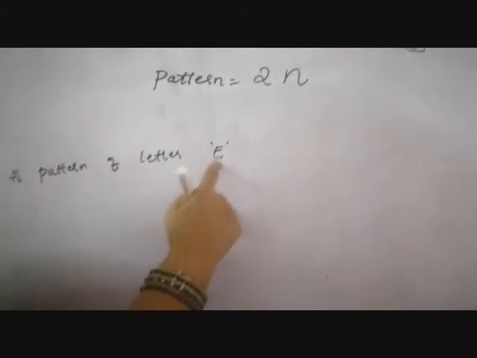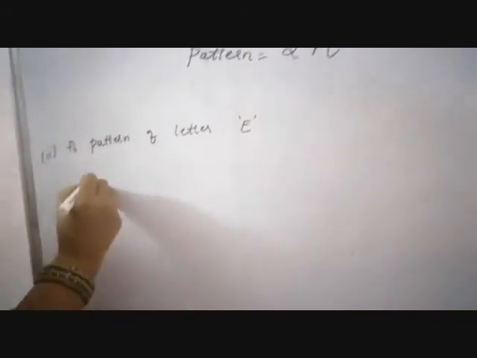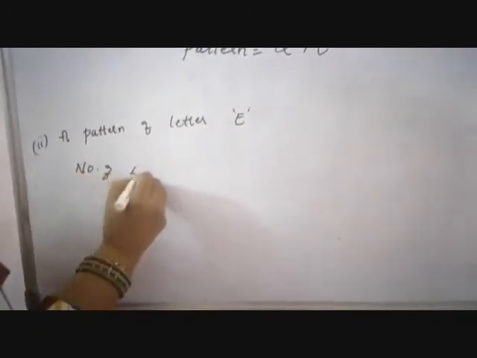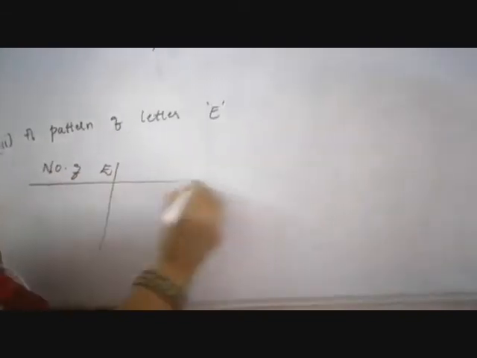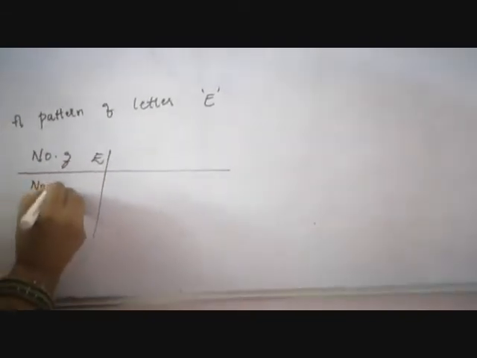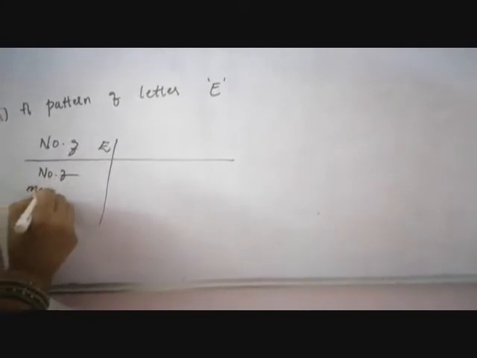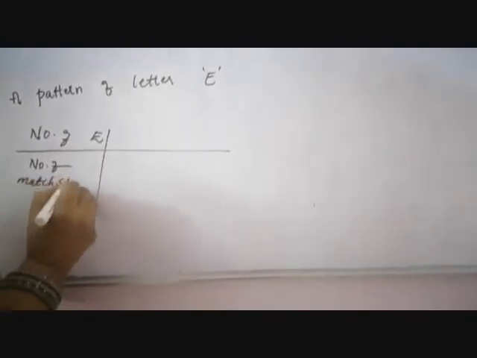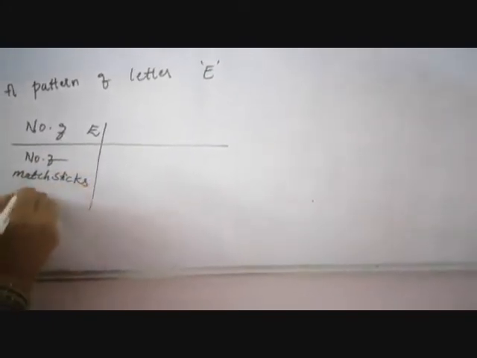One more I am explaining, listen carefully. A pattern of the letter E. Number of E's, number of mastics required, and the pattern form. Last is the pattern. How will the pattern form? For 1 E, how many mastics do we require, children?